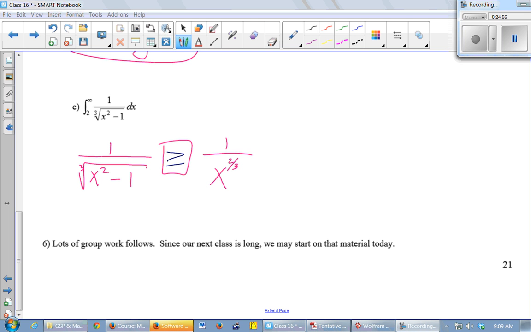And what do you know about 1 over x to the 2/3? Convergent or divergent? Divergent. Yeah. This is divergent. Are you looking at the first page to determine that? To determine whether or not it's divergent? Yes. I'm just using that for p greater than 1. Yeah, but 2/3 is less than 1.